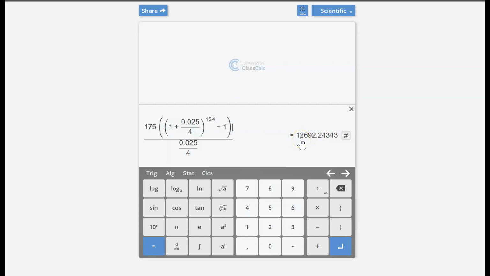So this is the value of the annuity after 15 years. That is 12,692.24243. But we are asked to round it off to the nearest cent. Nearest cent means 2 decimal places. So that gives us 12,692.24.